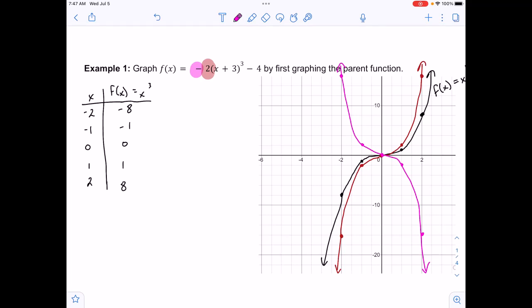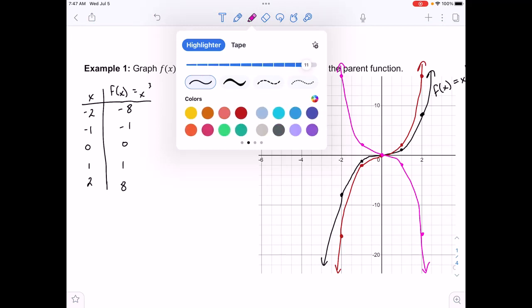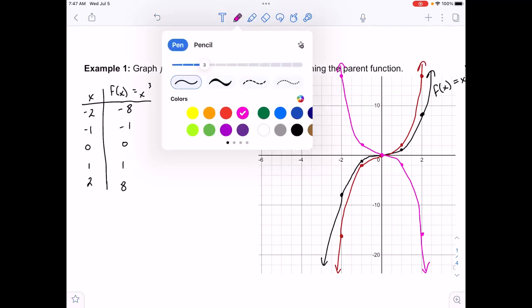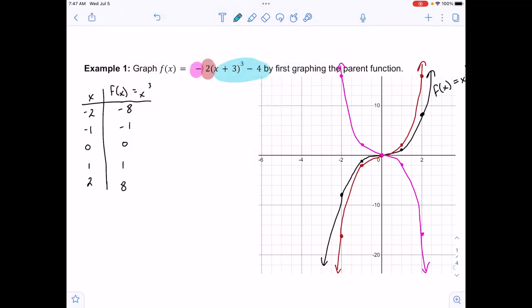And last but not least, we have our shifts. I'm just going to do those in blue, and I'm going to do them simultaneously. I'm going to go to the left by 3 and then down by 4. So I'm going to shift all of my points in that direction. Left by 3, so we'll go 1, 2, 3.